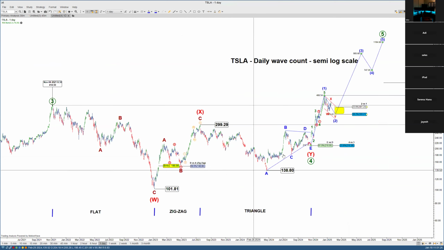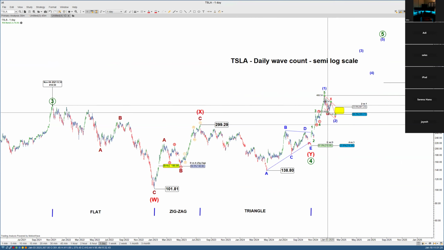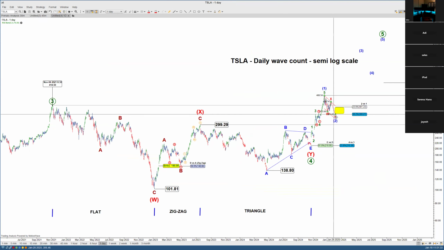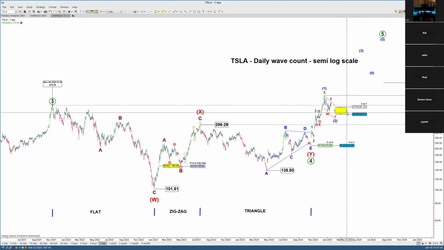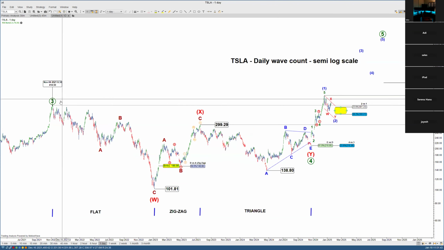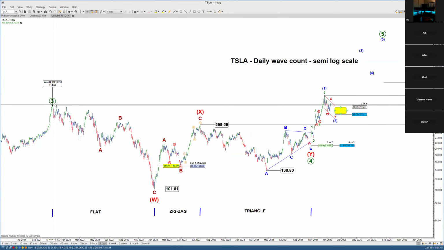It's just a matter of how this second wave is going to end. It's a counter trend move. We already tested 4 to 1. Tesla keeps coming back toward this 414 mark. That was a 3-year high.